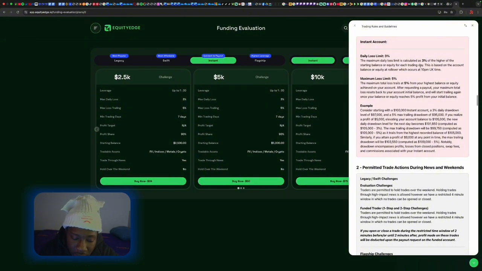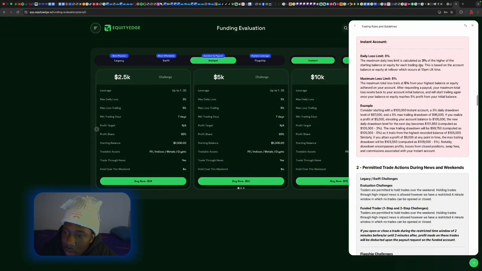So they are saying you don't have full protection over your profits. Your profits can be your daily drawdown again. So this is the daily loss limit, and the maximum loss limit is 5%.